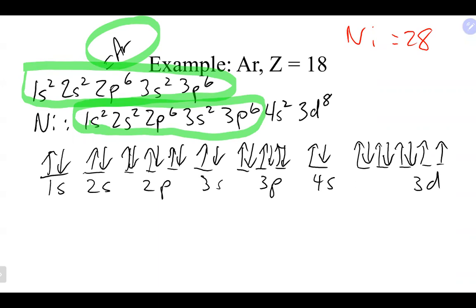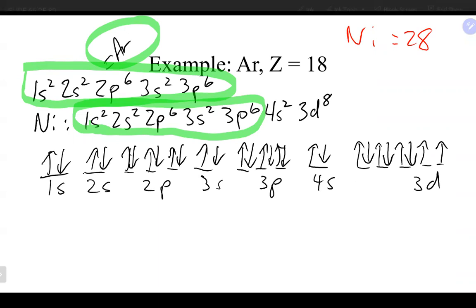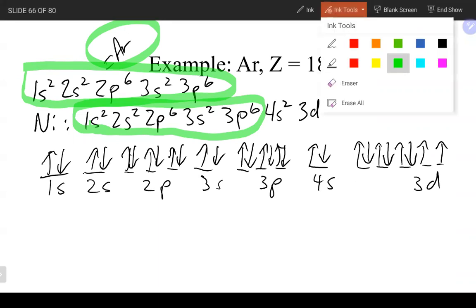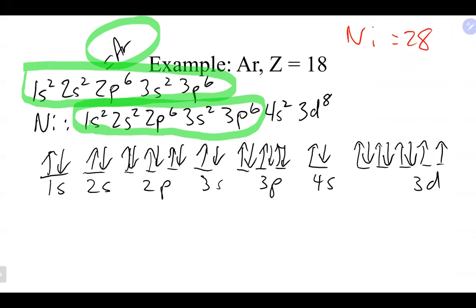So there is a shorthand that is sometimes used with electron configuration. Some people refer to it as noble gas configuration. Basically what we do is, because a part of, say, nickel's configuration is basically argon, you could shorthand it and go in brackets argon, which would represent the electron configuration for argon.